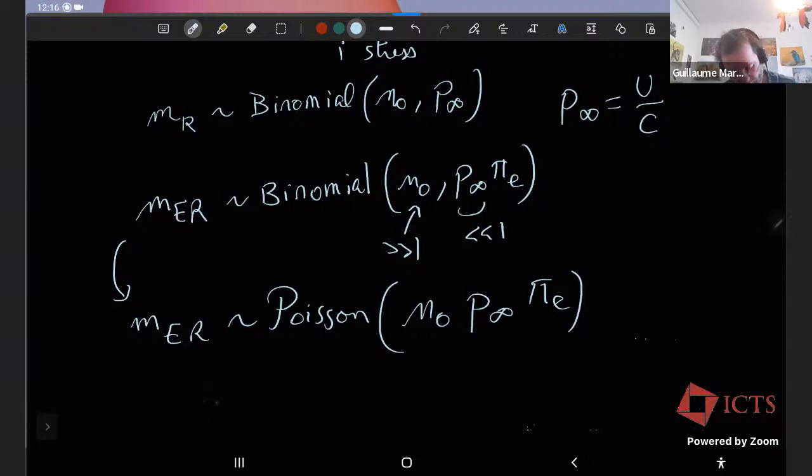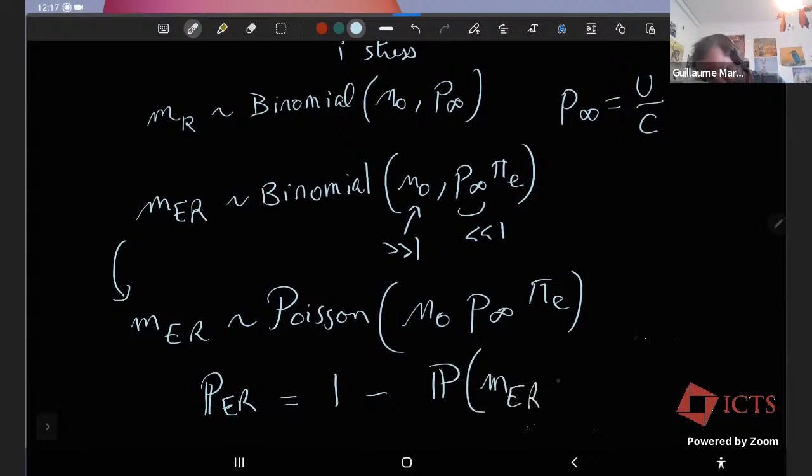So the probability of rescue is 1 minus the probability that N_ER equals 0.